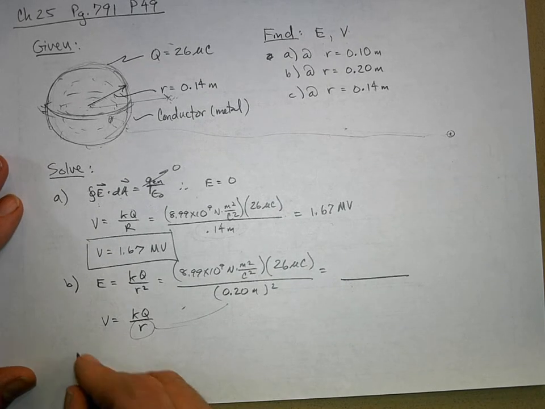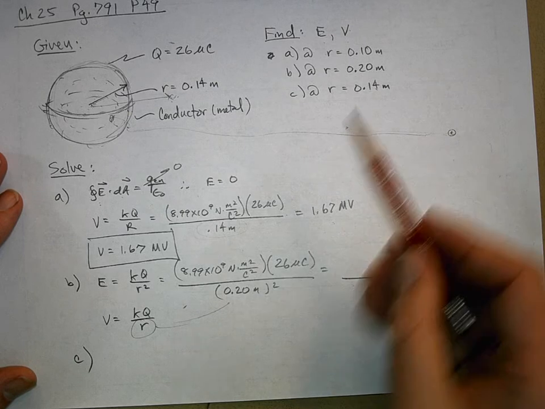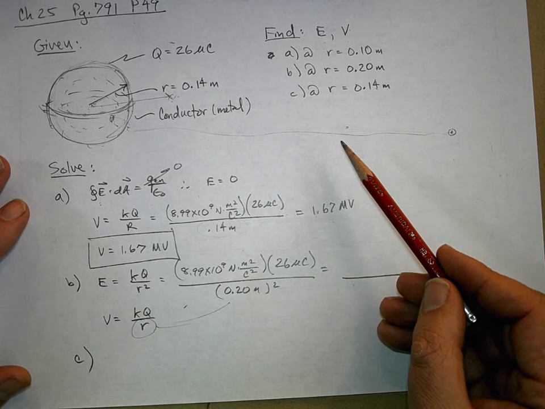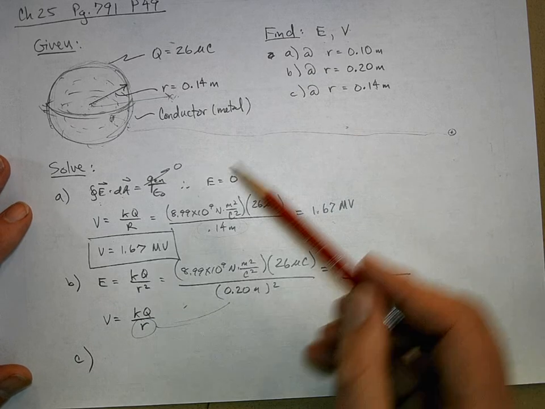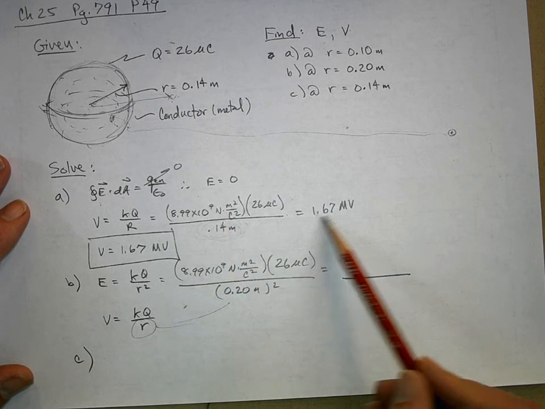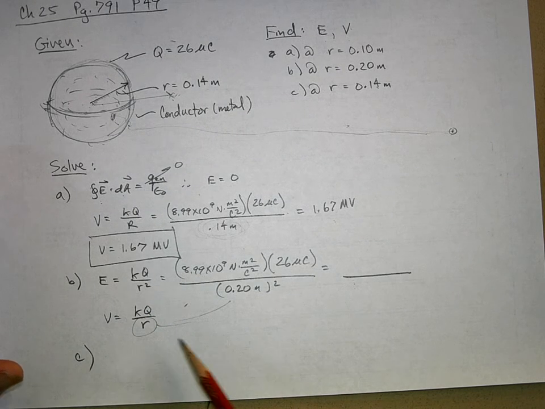And then for part C, I'm going to leave that to you as well, because you're doing the same thing. We've already done the work for the voltage. It's just KQ over R, where R is 0.14. So you'll get 1.67 megavolts. And for the electric field, it's just KQ over R squared.